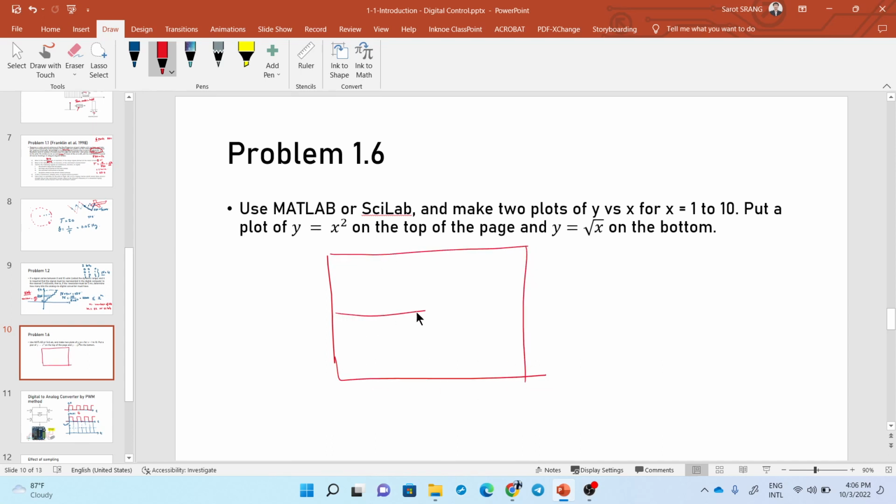So this one is y equals x squared, and this one is y equals square root of x.